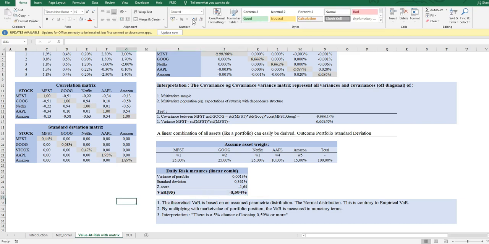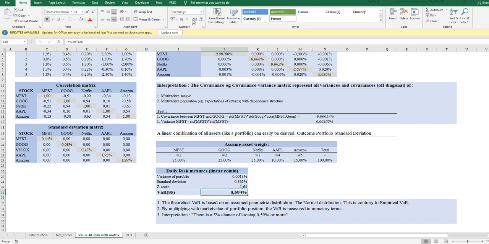So now we have generated the VaR, and I just need to say that this is a parametric measurement because we have used the normal distribution.